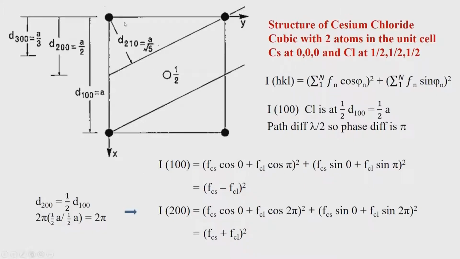that cesium is sitting at the origin, which makes cesium to be at 0, and chlorine is sitting at half, so it makes it contribute to various planes depending on its location. So, remember we have to use the expression capital D HKL by small d HKL.